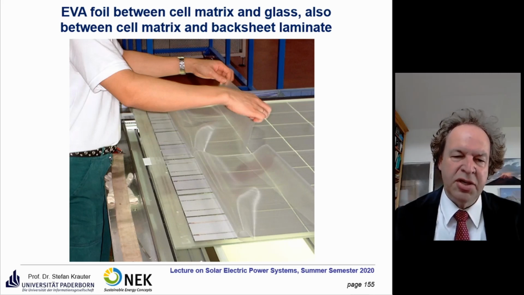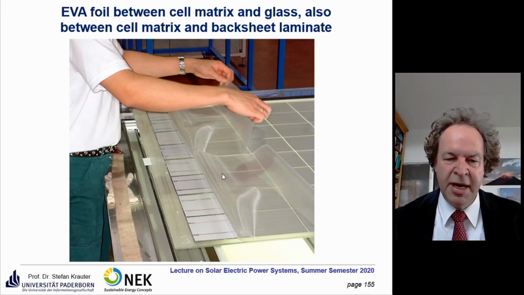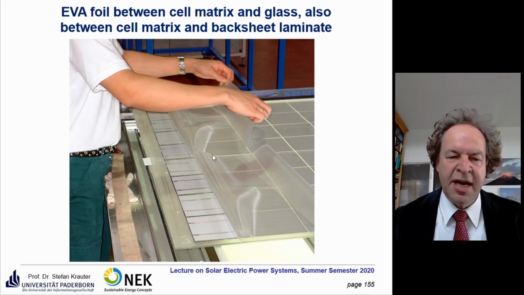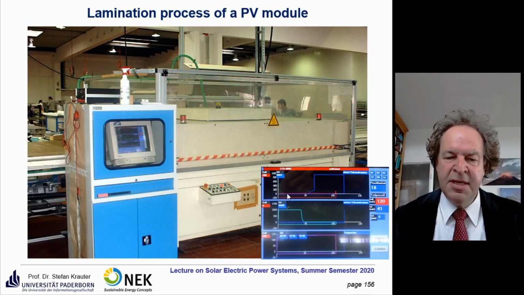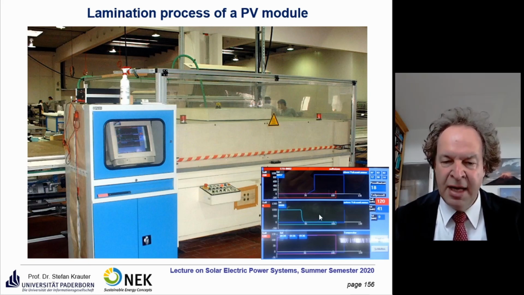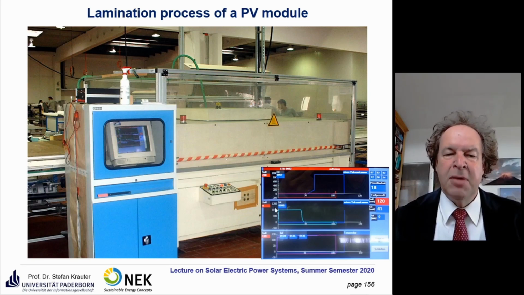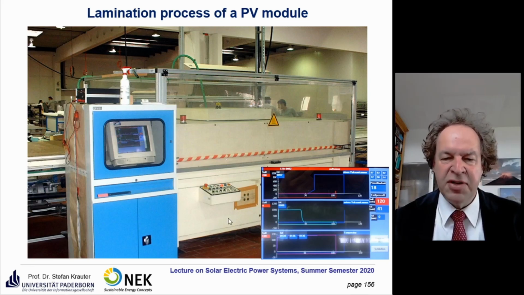Here you see the application of the EVA foils. As I told you already, these are semi-transparent in the beginning, and after the lamination process, they become totally transparent. Here you see just a laminator. The lamination has to be carried out in a certain pressure and temperature profile, which is shown here on the right. There are different kinds of EVAs: normal cure EVA, fast cure EVA, or super fast cure EVA.